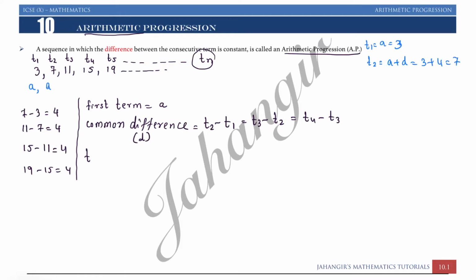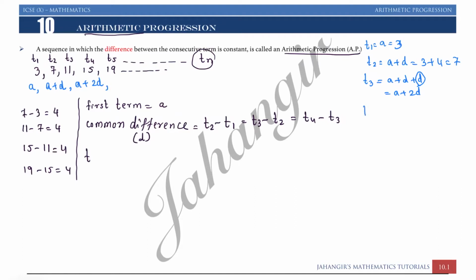So the second term can be written as A plus D. The third term is A plus D and again D, because every time we are going to add the common difference to it, so that will become A plus 2D.